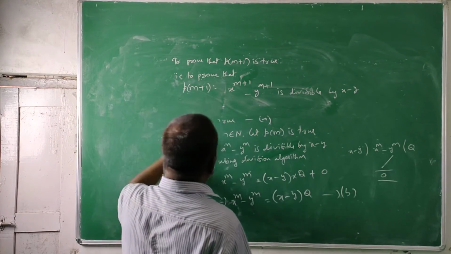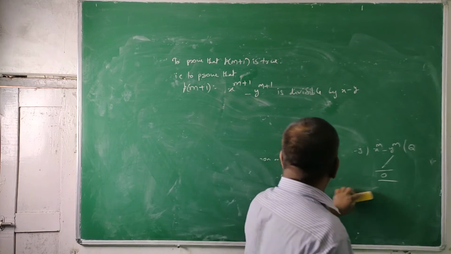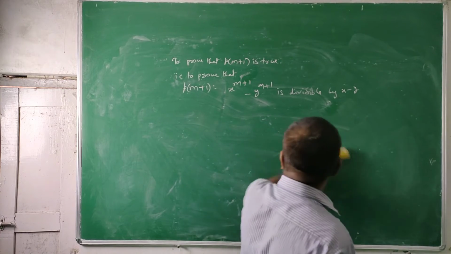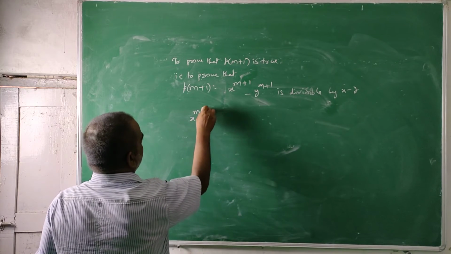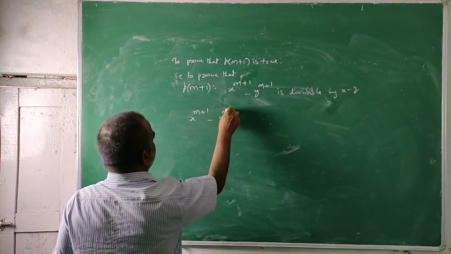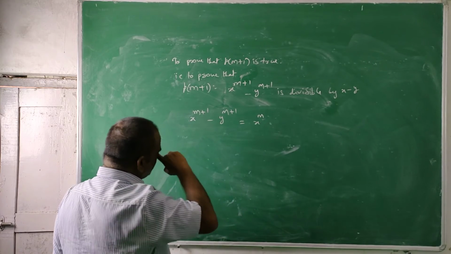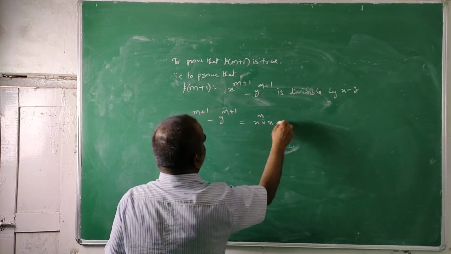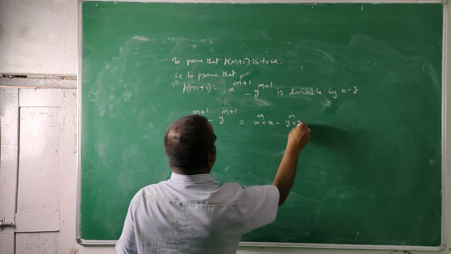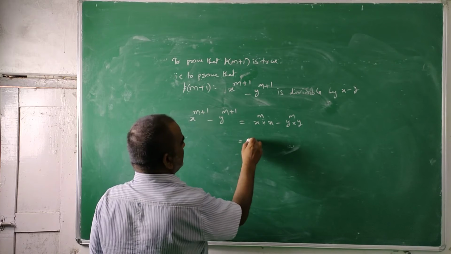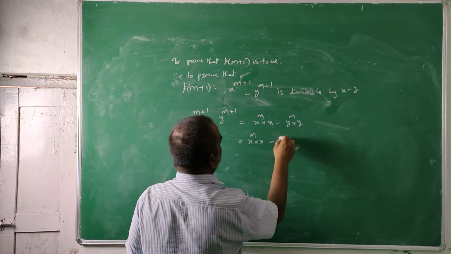So first and foremost, take the expression x power m plus 1 minus y power m plus 1. Now which is equal to x power m into x minus y power m into y. Now x power m into x, now add and subtract x power m into y.